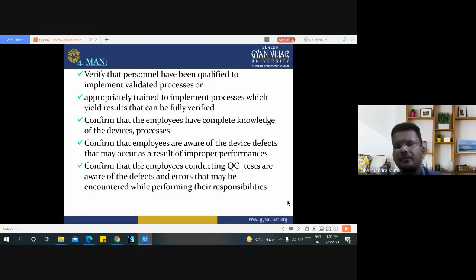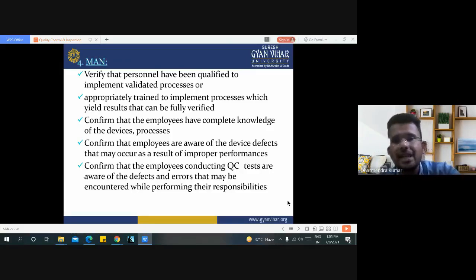He should also know about the device defects, the device life period and the component life period of that device, and if any error is found during the running of the device, then he may know the alternate process to correct the device or to correct the machining process.